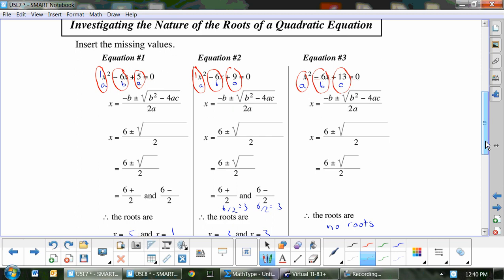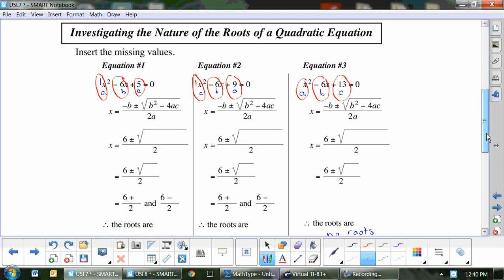So if you move down to the second part of the page, you can see that we have our quadratic equation. So we're just going to set these up like we did on Tuesday. So we have a is equal to 1, b is equal to negative 6, c is equal to 5. And we can put these into our quadratic equation just like we are so good at doing. Okay.